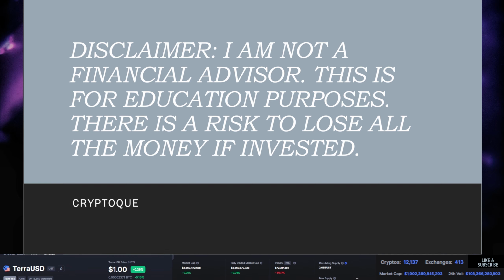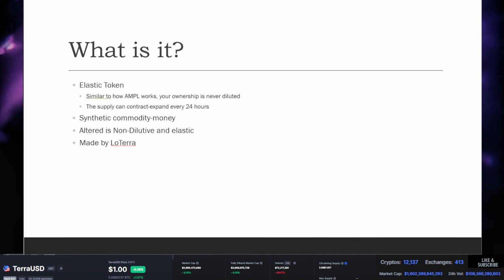So you might ask, what is Altered Protocol? Well, for starters, and I guess the most simplistic way to put it, it's an elastic token. It's a synthetic commodity money. It's essentially another Ample, really is the closest way to put it. It operates in a similar fashion as Ample or Ampleforth, and pretty much your ownership is never diluted.